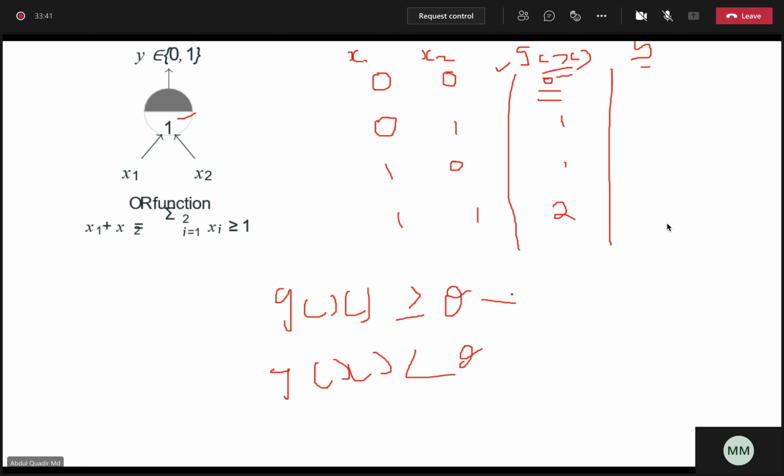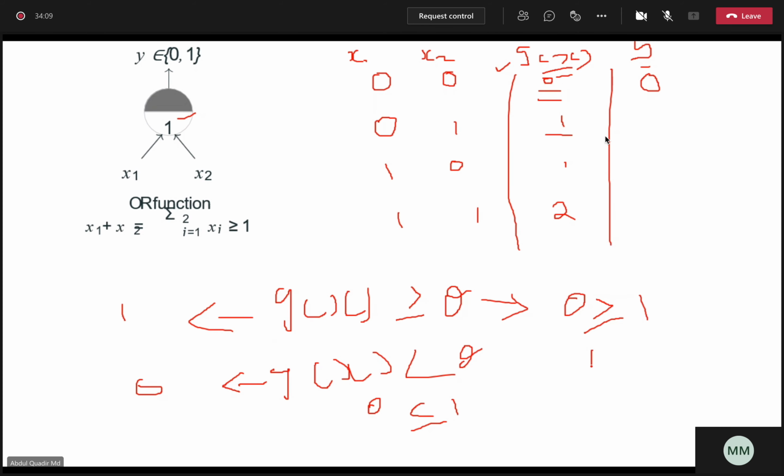So g of x value in this case is 0. Is 0 greater than or equal to 1? True or false? So it will fire 0.